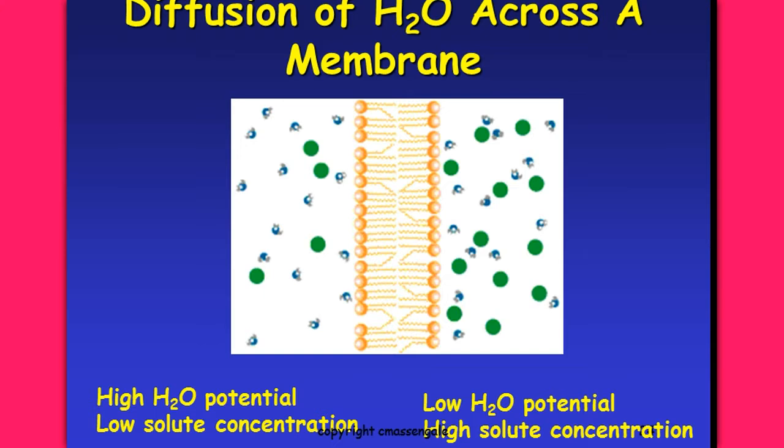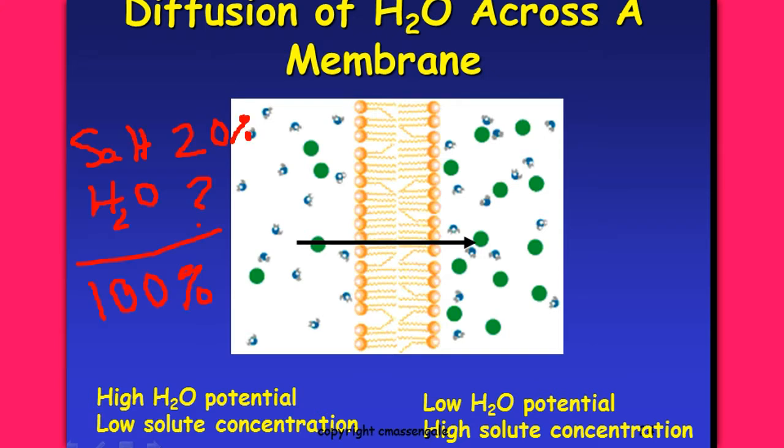If you think that on each side of that membrane there has to be a 100% solution, think about that, a 100% solution, then that means if the solute concentration is 20%, how much would the water concentration be?